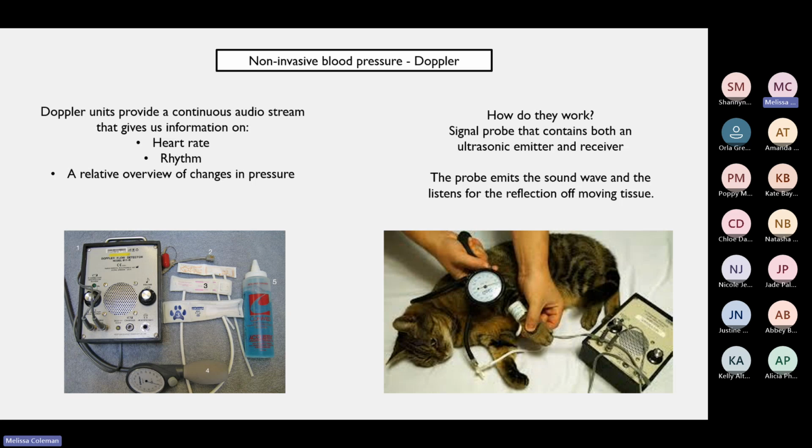They work using a single probe that contains both an ultrasonic emitter and receiver, called a piezoelectric crystal, in the probe. That probe emits a sound wave and listens for the reflection of moving tissue. And the frequency shift that we hear is caused by blood flow velocity, and anything that interferes with that, like movement or tissue interference, can affect the quality of the signal.